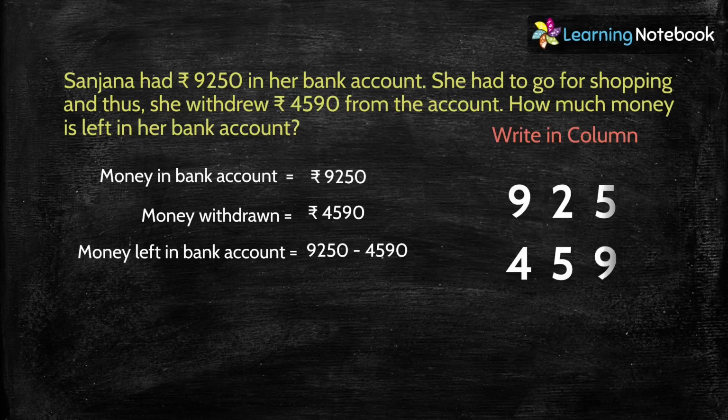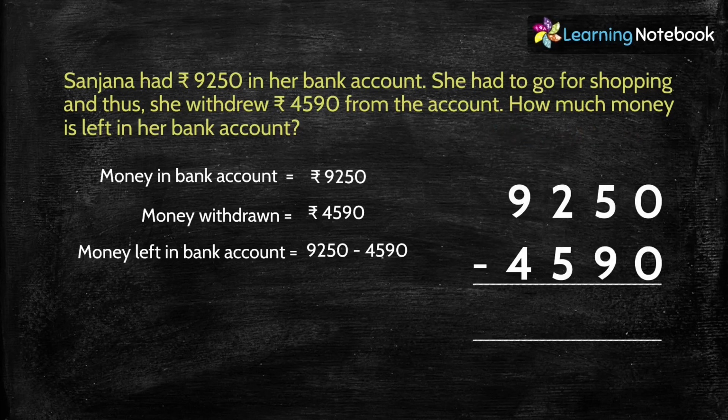First we will write them in column and start subtracting from ones place. 0 minus 0 equals 0. Now let's move to tens place, but 5 is weaker than 9. So it will borrow from hundreds place. So 2 becomes 1 and 5 becomes 15. Now 15 minus 9 equals 6.